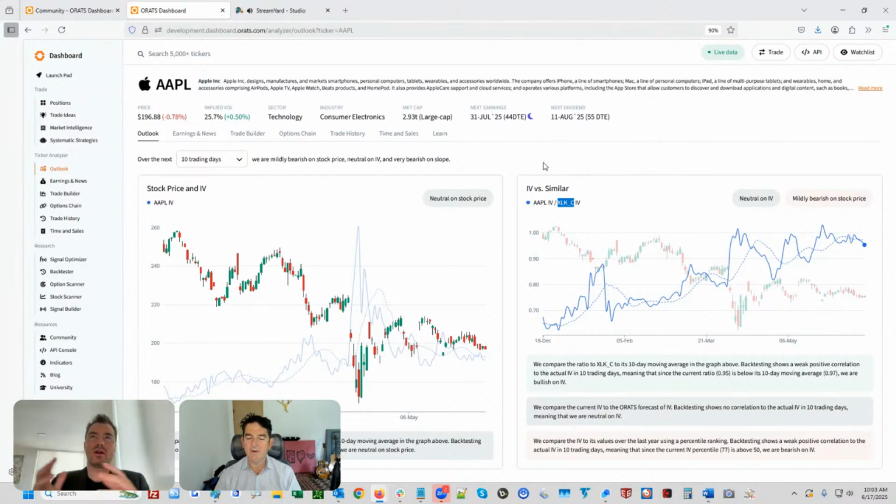If we're averaging the IVs and stuff, how is that different from just taking the IV of XLK? Well, XLK is just the conglomeration of all those. So the implied volatility will be lower in XLK because of the power of diversification, even though all of the other components under XLK will have higher volatilities than the average of those.